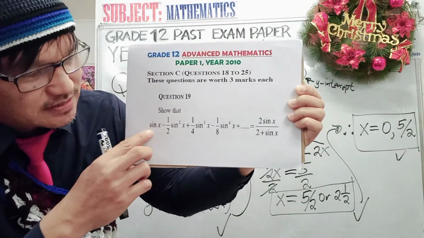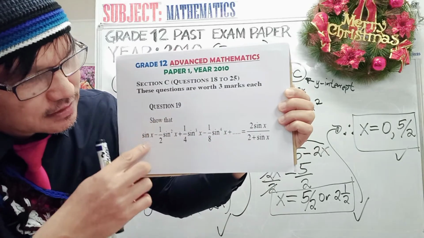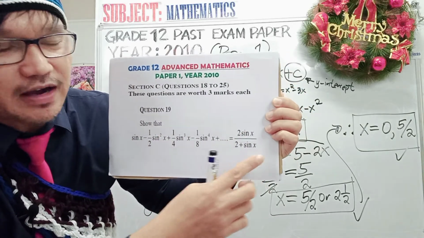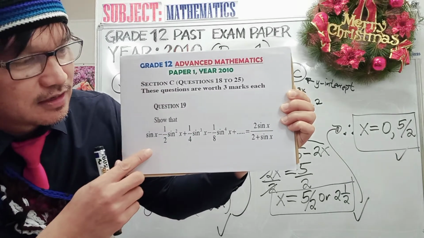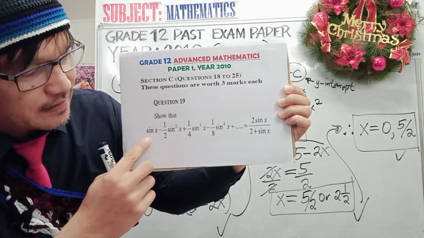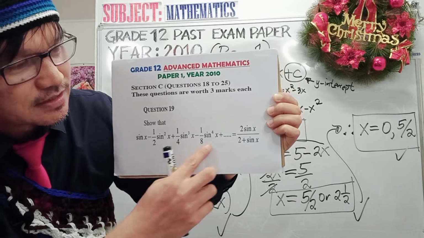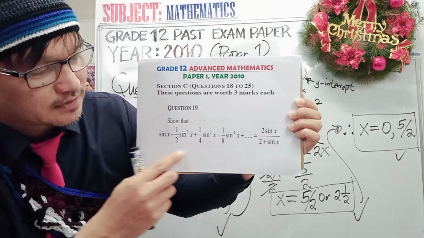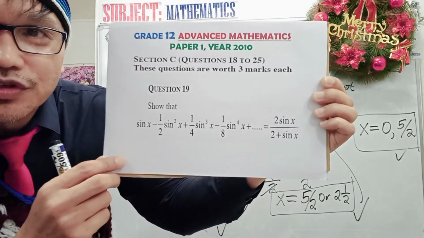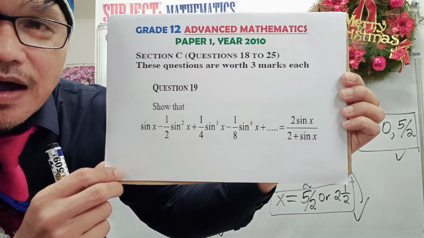This is the complex expression, and this one is already the simplified. So you don't touch this one, but you touch this, so that you will be able to prove that this given series is equal to this given function. Right? You understand it now? So don't worry about that.